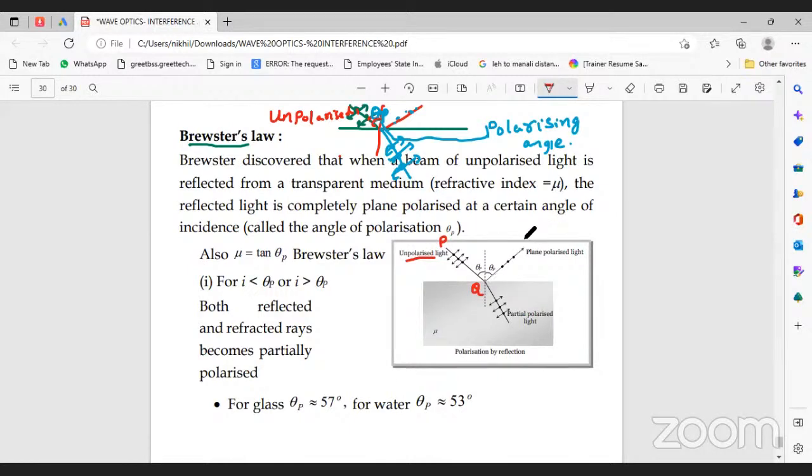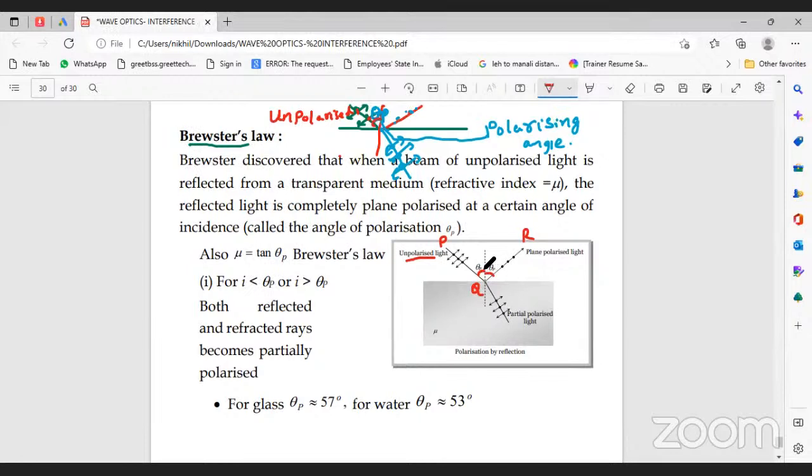Look at the reflected ray QR. It is completely polarized, right? Only the dot is there. Then what is this angle called? That will be the polarizing angle.